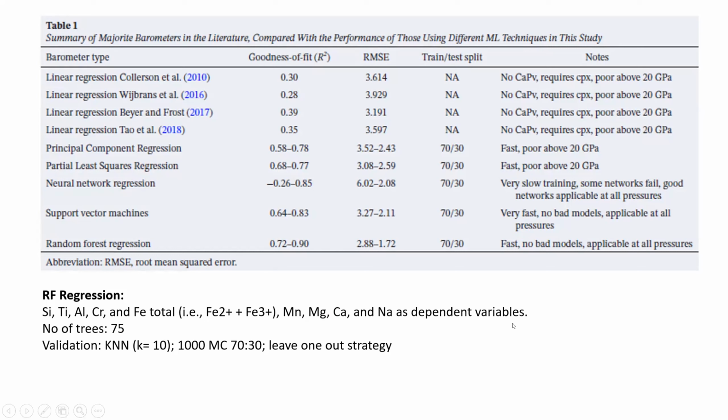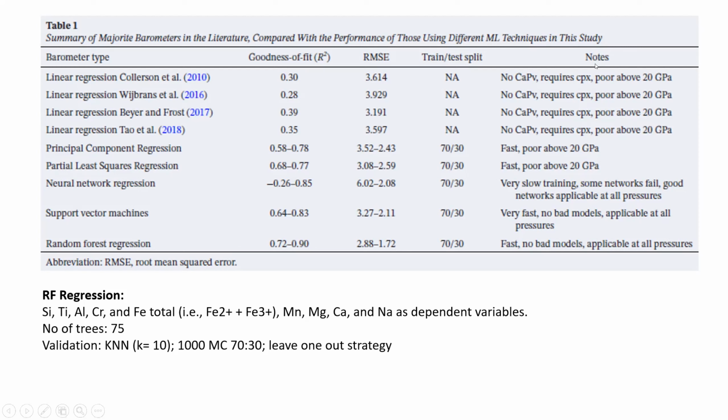When we make an empirical equation, we have some structural controls and we try to focus only on those, for example silicon, aluminum, and iron. But sometimes other elements also have some control on the incorporation of Fe3+, or on the pressure. They can also be indicators of the pressure. Therefore, they have tried this method.